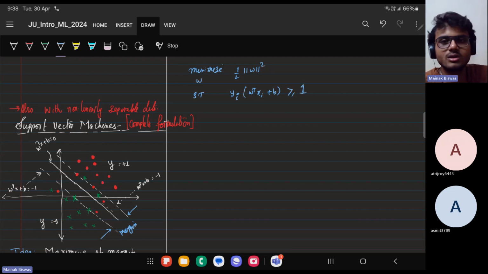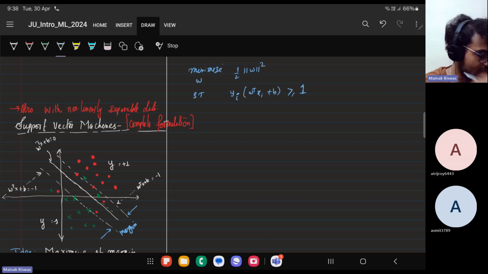This is what we had found. Yes or no? Last time, yes, this is the one. I also wrote it at the top here. But now this will not hold for the case where the data is not linearly separable, because you see there's a green after the first red and there's a red after the first green, right? You cannot separate them linearly. There's no line that separates them linearly, right?